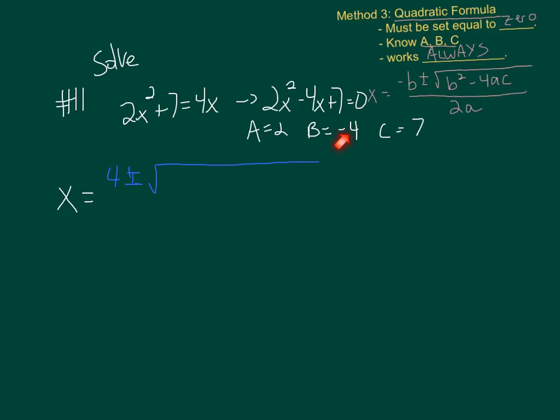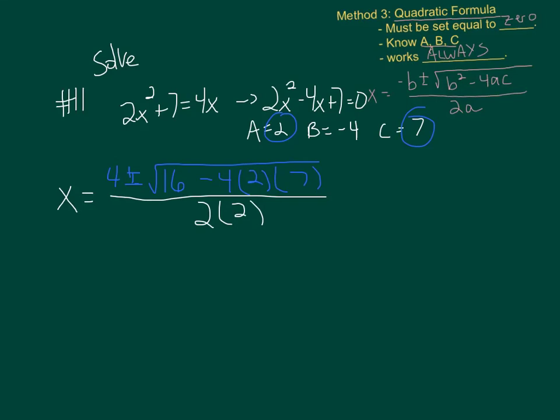Well, negative 4 squared is positive 16. That b squared term will always be positive. Make your life easier by remembering that. Minus 4 times a times c. A is 2, put it there. C is 7, put it there. Divided by 2a, and a is 2.